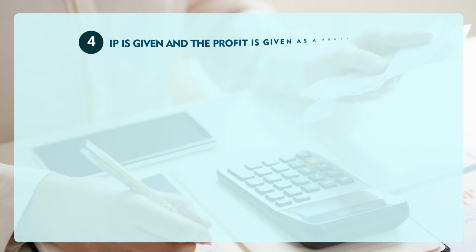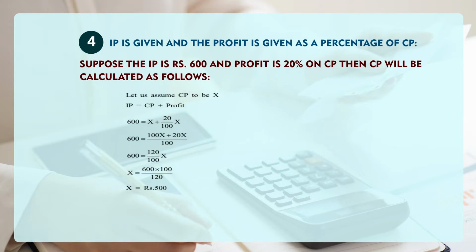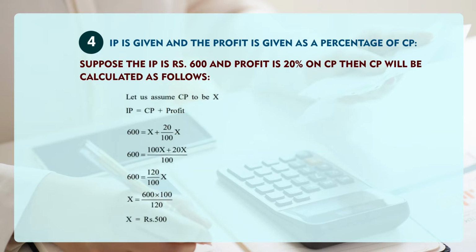Now, the fourth situation is, IP is given and the profit is given as a percentage of CP. Suppose the IP is rupees 600 and the profit is 20% of cost price, then the CP will be calculated as follows, very simple. Let us assume cost price is x. So, this is the equation: invoice price is equal to cost price plus profit.